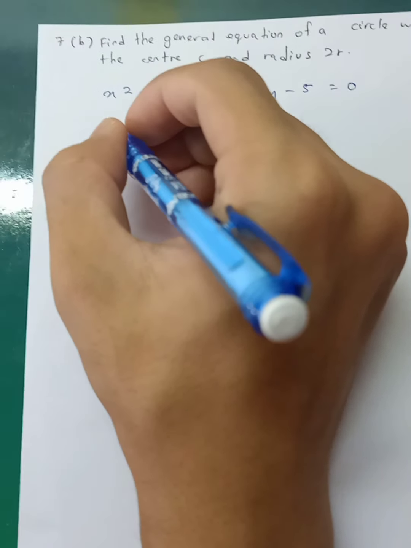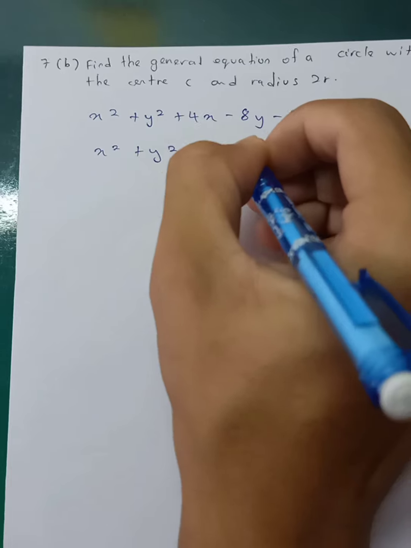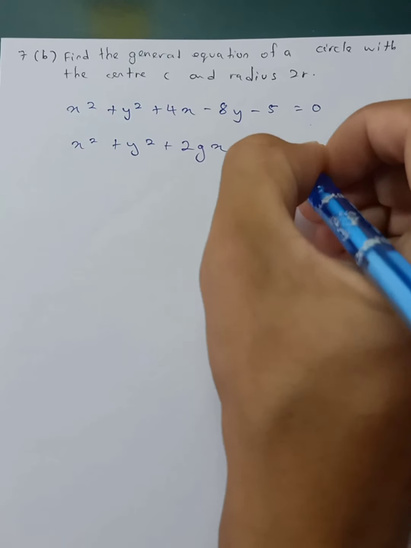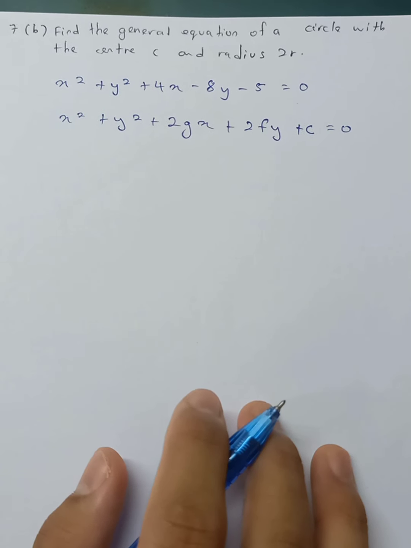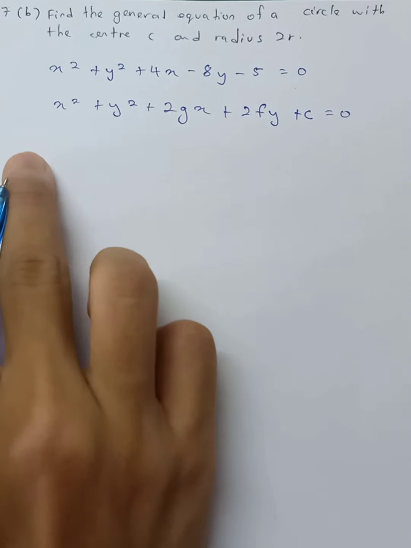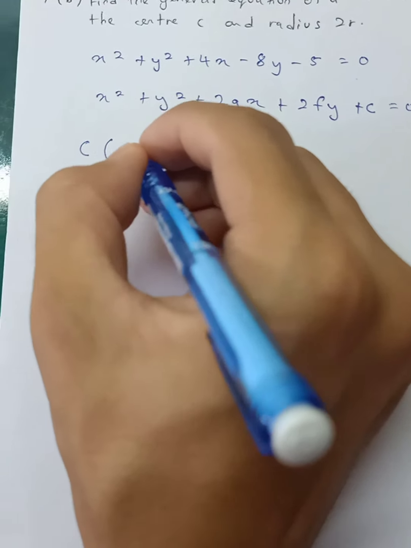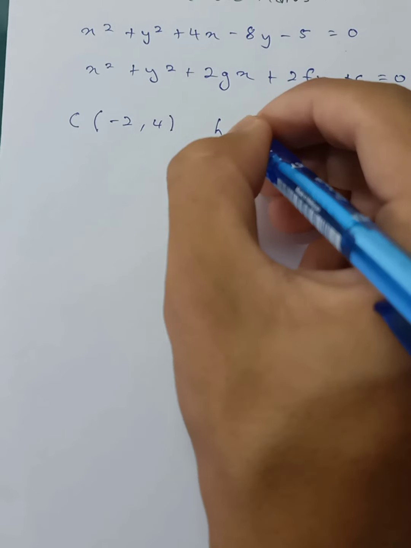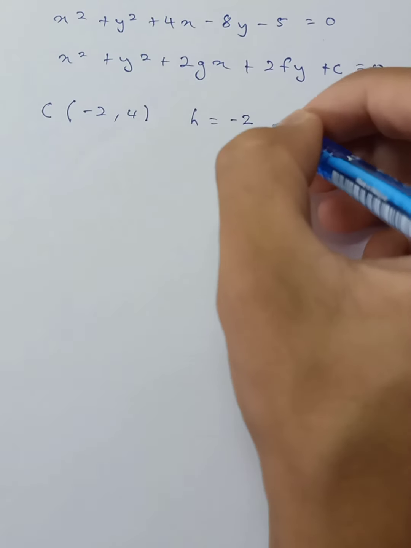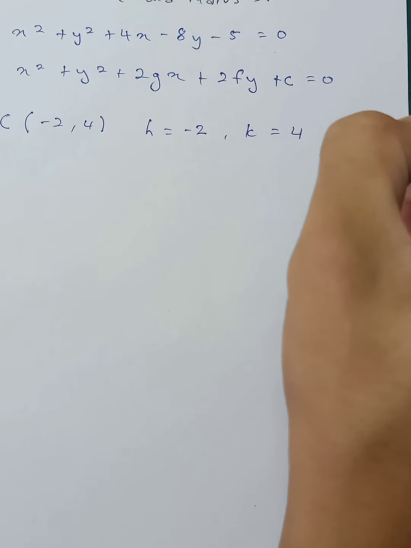The general equation is x squared plus y squared plus 2gx plus 2fy plus c equal to 0. From 7a, we get the information: the coordinate of C is negative 2, 4, h is negative 2, k is 4, and r is 5.